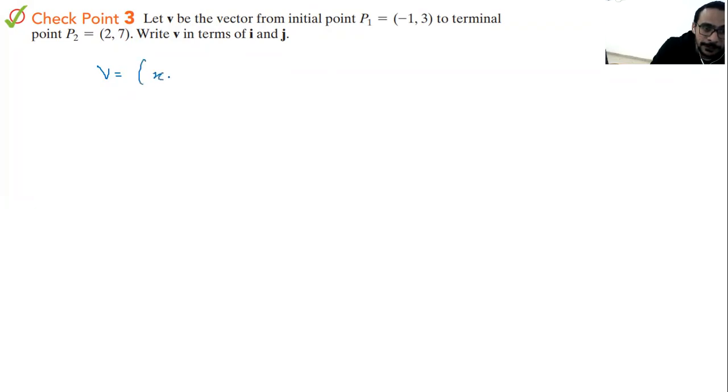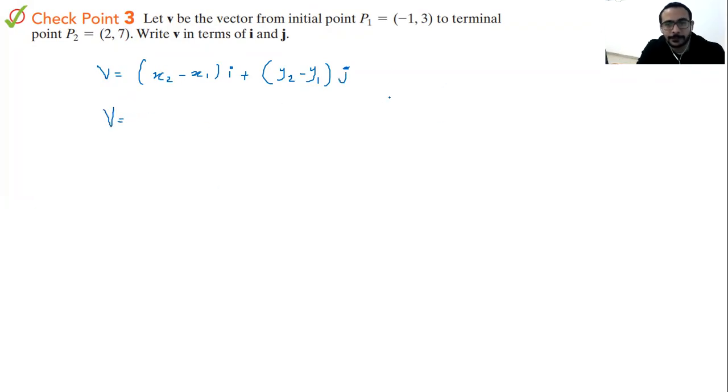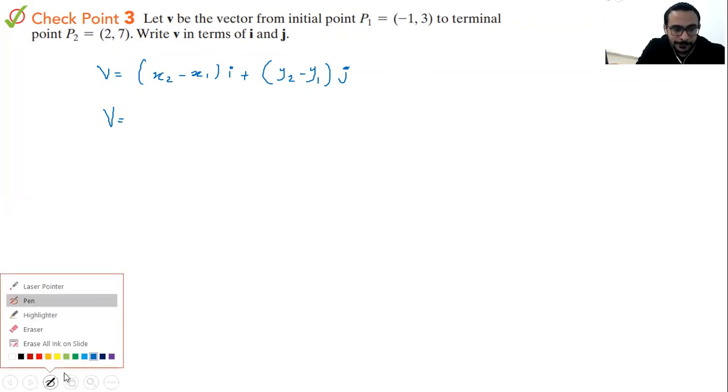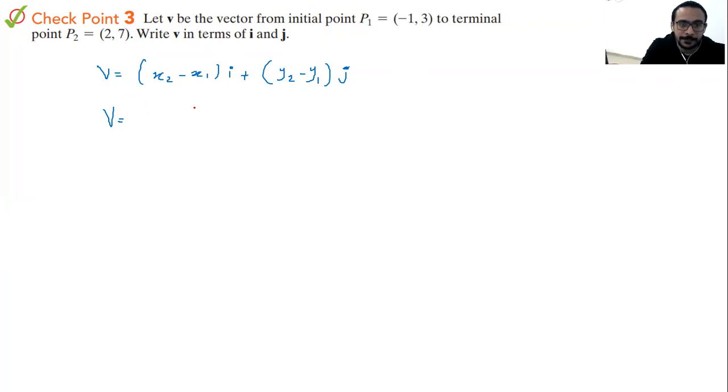Here's the rule: I plus J. Substitute your values.